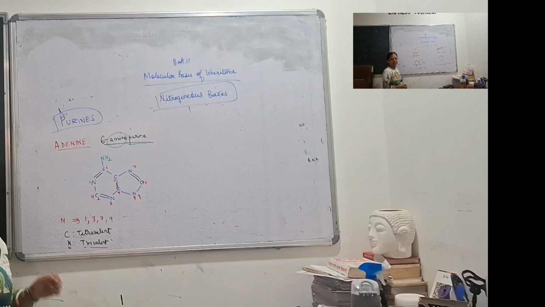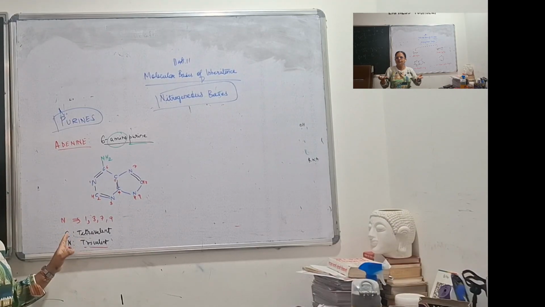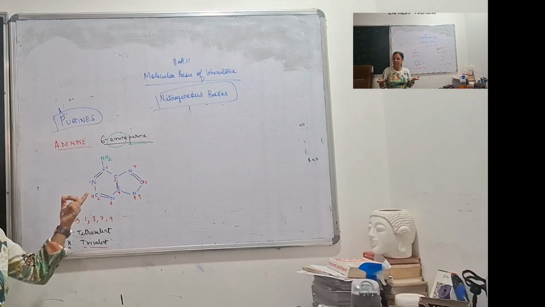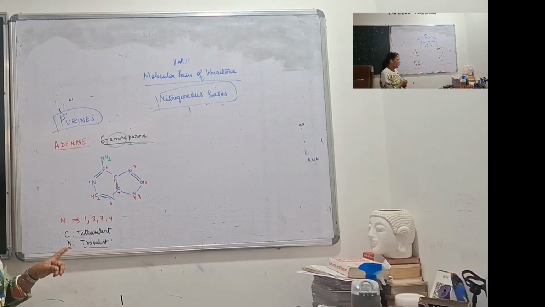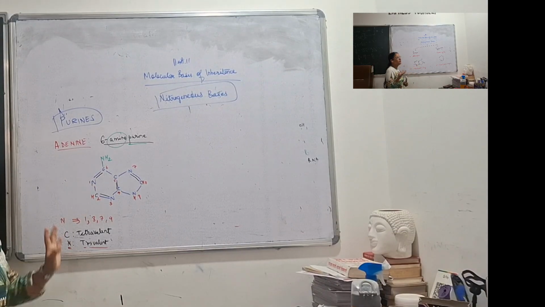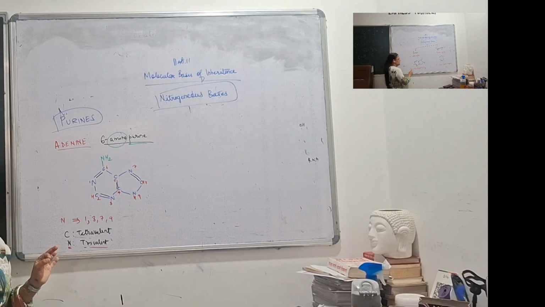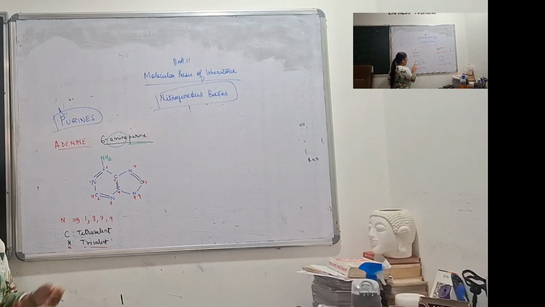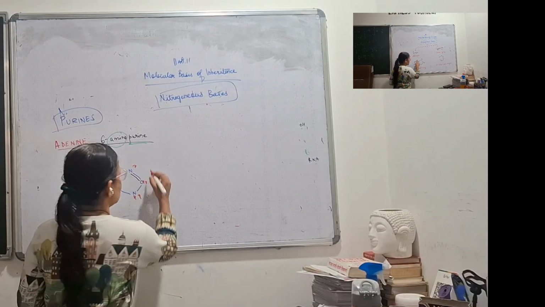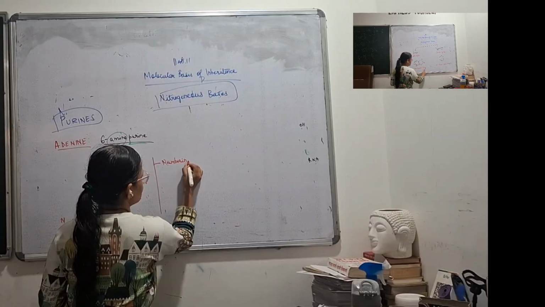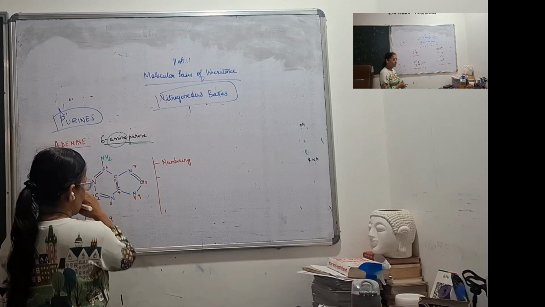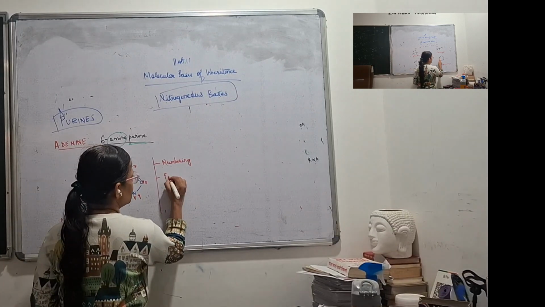This is how you are going to number the ring first. Then put the functional group. Then put the double bonds. And lastly what you will do is add the hydrogen atoms. So this should be your sequence of drawing the structure. What is the first step? Numbering. Second is what? Adding the functional group.